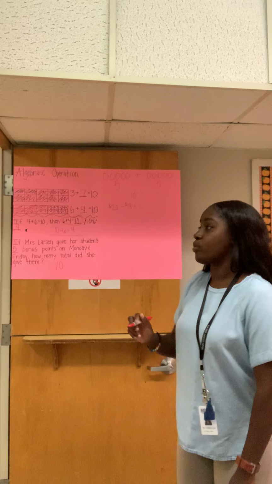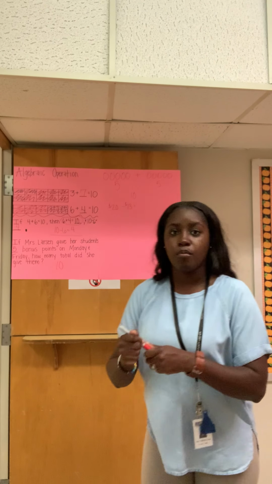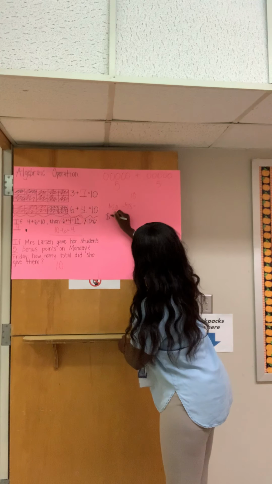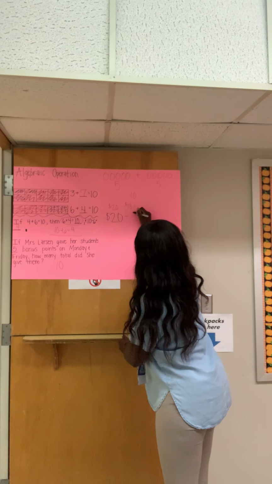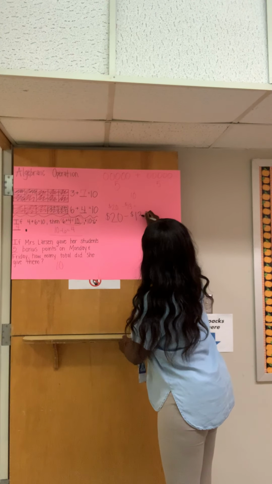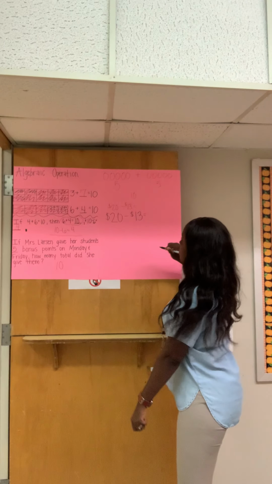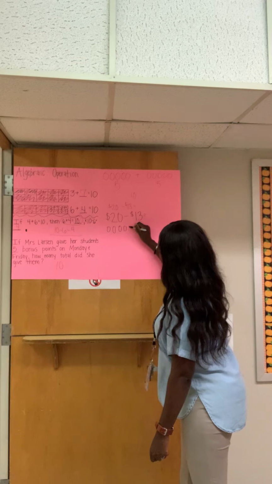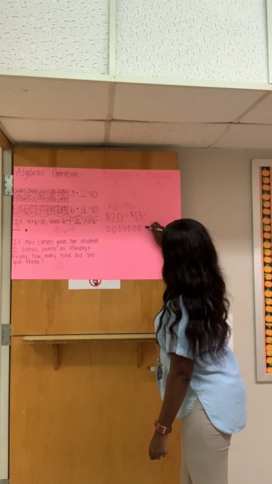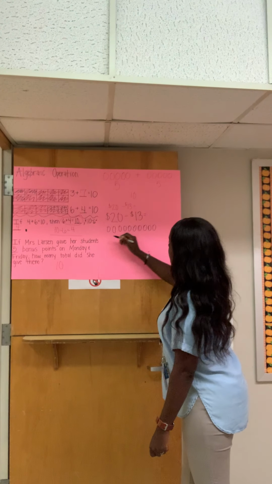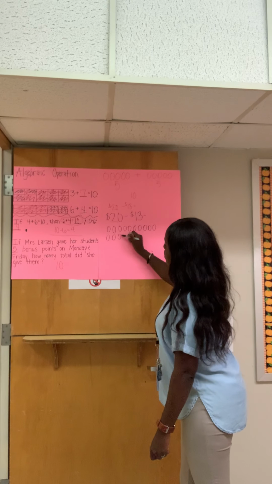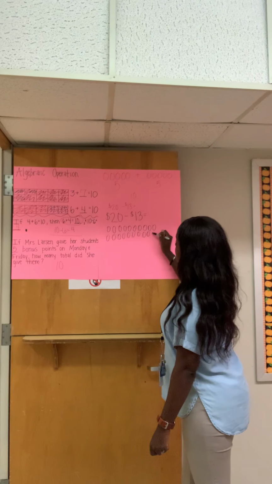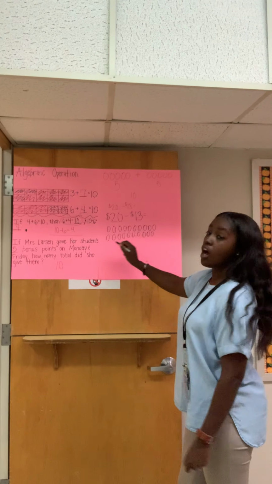So now what we're going to do, actually I'm going to write that so you guys can see that better. She had a total of $20. She bought a book for $13. So now we're going to count 1, 2, 3, 4, 5, 6, 7, 8, 9, 10, 11, 12, 13, 14, 15, 16, 17, 18, 19, 20. $20.